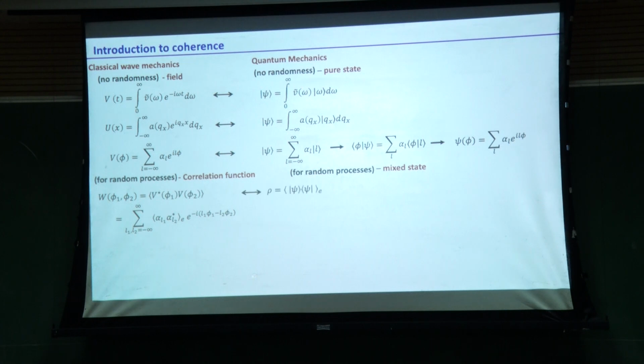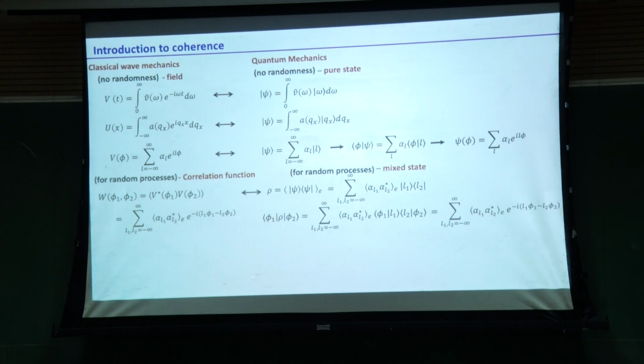Taking the same example, instead of the correlation function, we have the density matrix, which we write in this case like this. There's a ket and bra, and then we do the ensemble average. If I use the same notation, I can take the projection on phi 1 and phi 2, and then it looks exactly the same as this. And so this is the density matrix element.